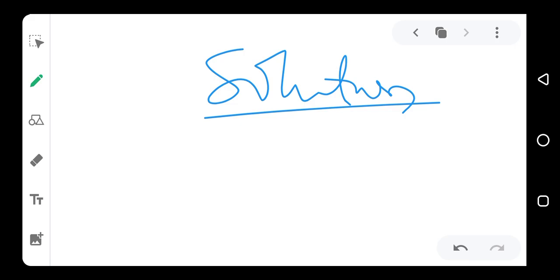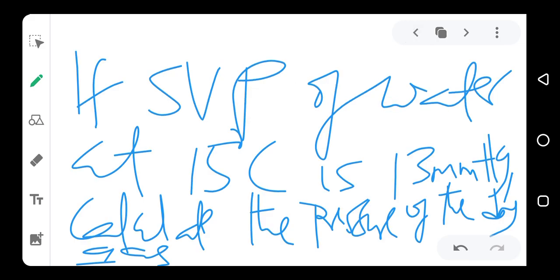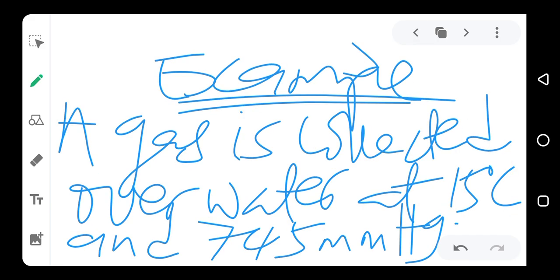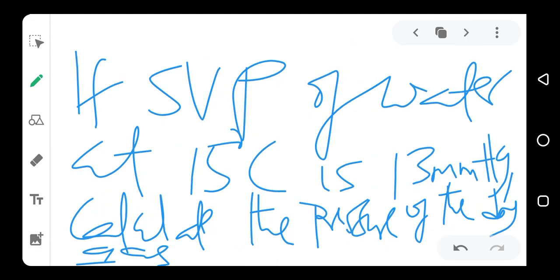The first pressure given to us is the total pressure of the mixture. The SVP is one of the partial pressures, that of the water vapor. The main gas is what we are looking for.